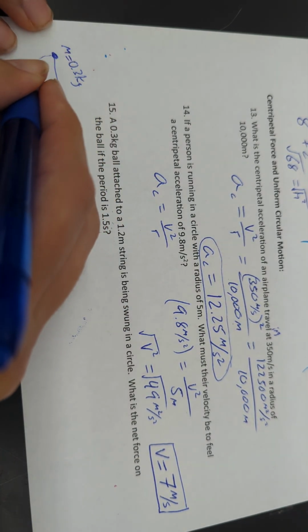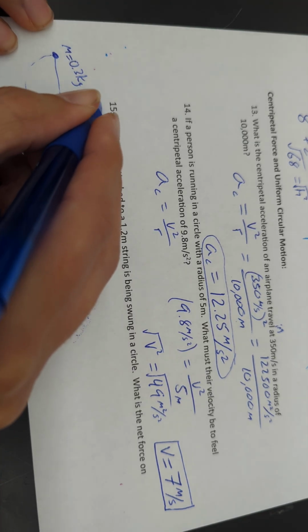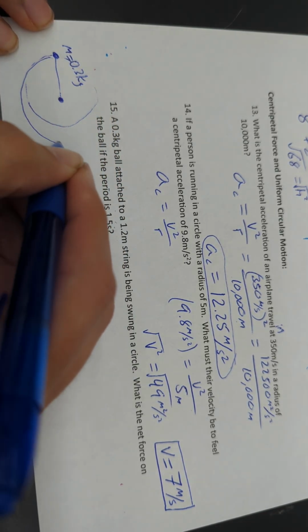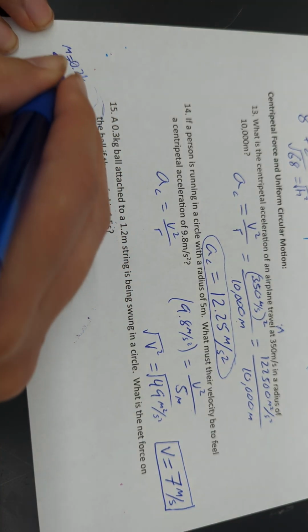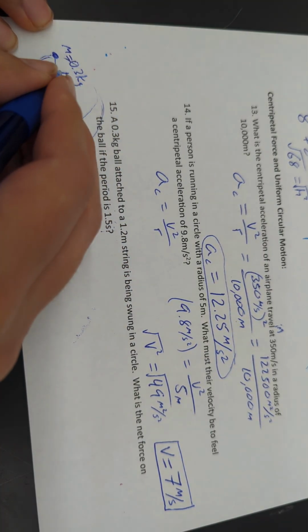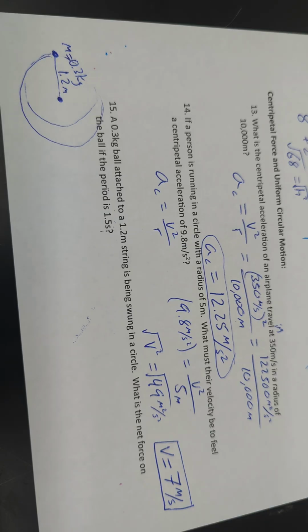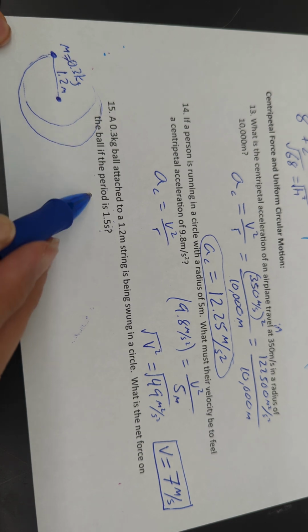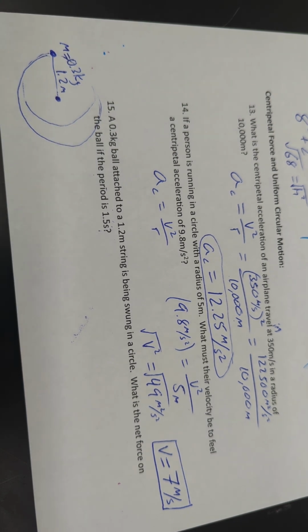It is being swung in a circle around this string, though it does not look like a perfect circle. So the string is the radius, 1.2 meters will be that radius. And it takes 1.5 seconds to go all the way around. I think I got all the information there.